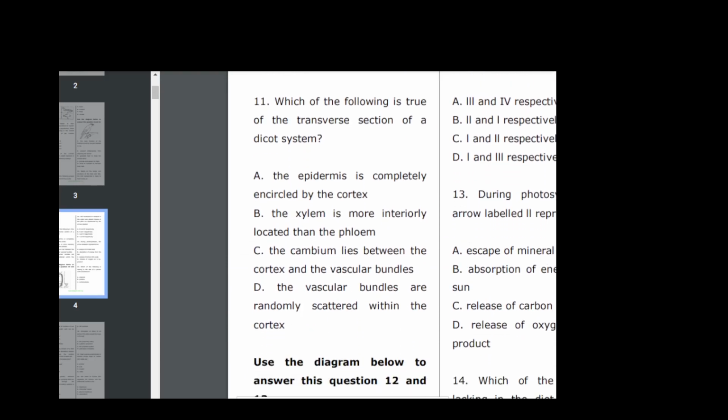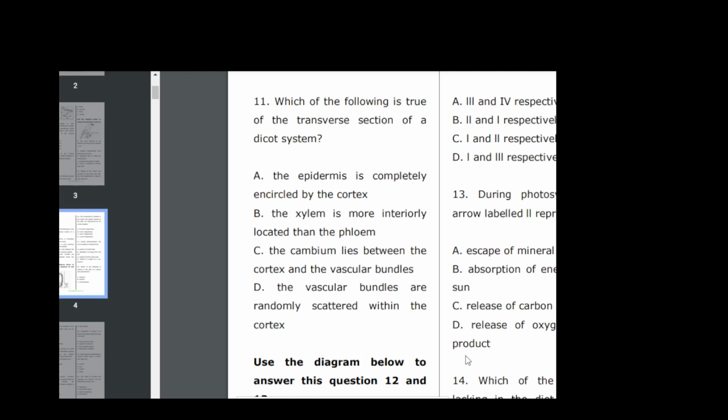During photosynthesis, the arrow labeled 2 represents the escape of mineral salts, no. Absorption of energy from the sun, no. Release of carbon dioxide, no. Carbon dioxide cannot be released by plants; carbon dioxide is used up by plants. So the answer is D, release of oxygen as a byproduct.